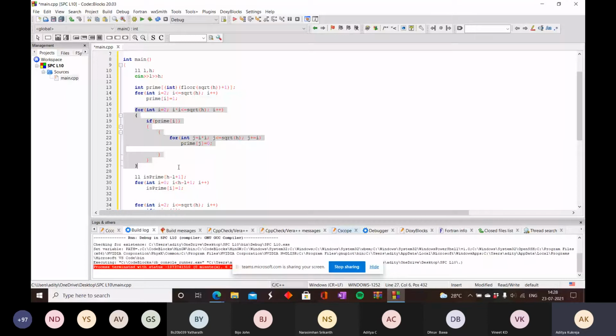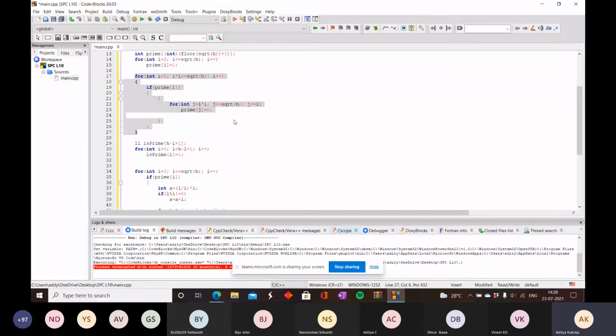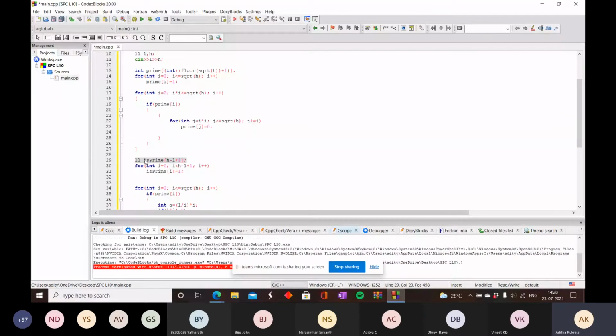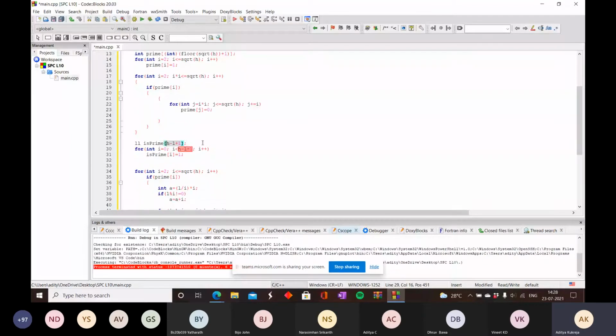Once you generate all the primes, you use them to cross out all the composite numbers within the range of L and H. The size is H minus L plus 1 because these are all the numbers within the range L to H. You first assign the value 1 to each element, because initially we assume all the elements are uncrossed.